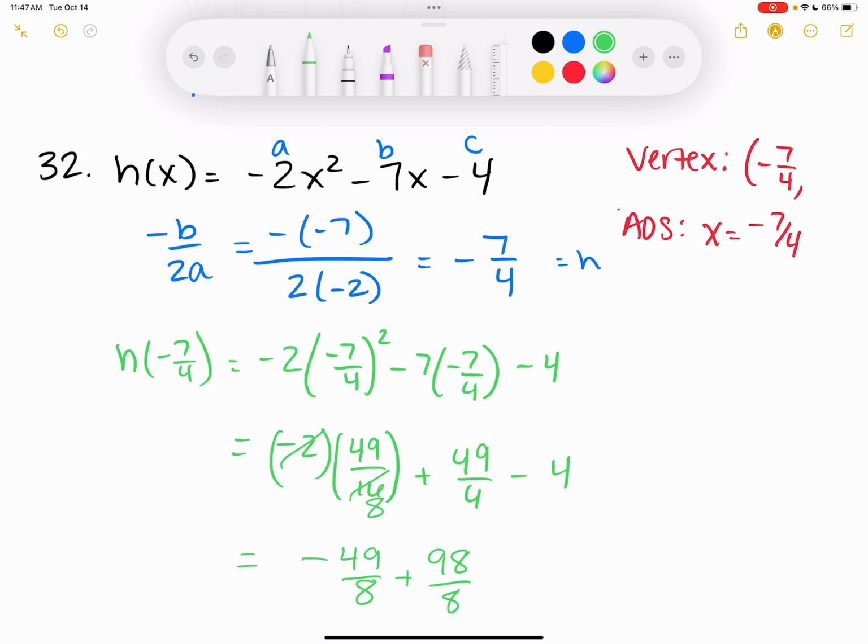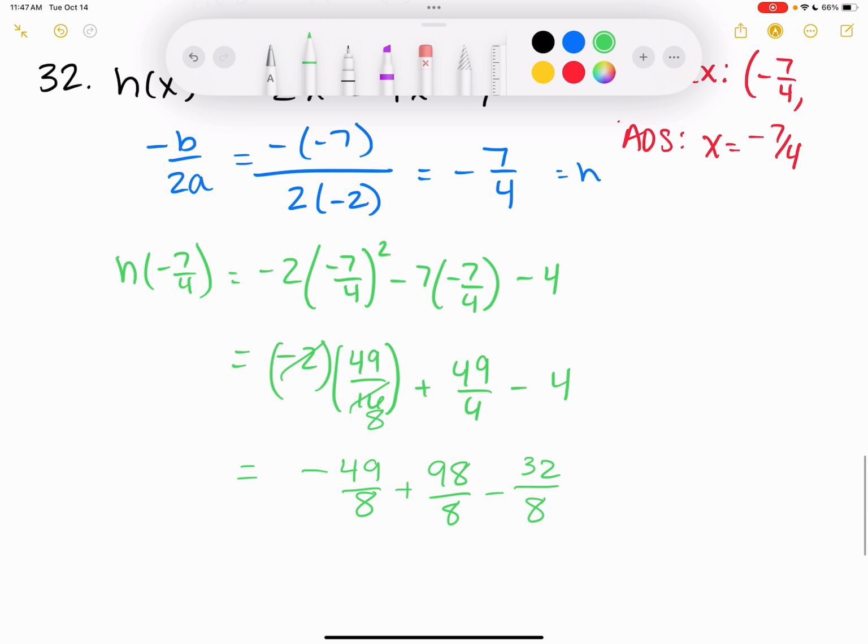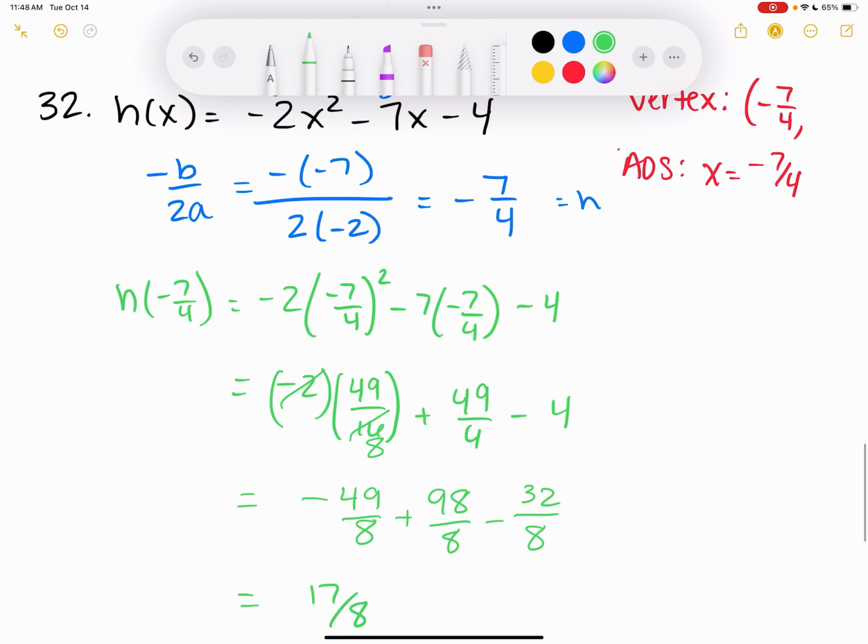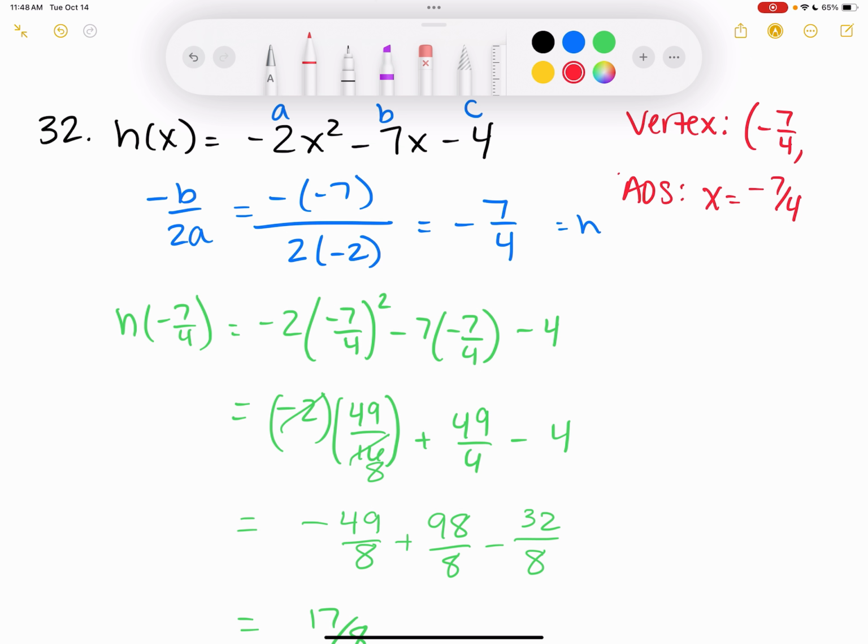And then multiply by 8, 32 over 8. Okay, so that's 66 over 8, 17 over 8. Yeah, what you said. So then my vertex is at negative 7 over 4 and 17 over 8.